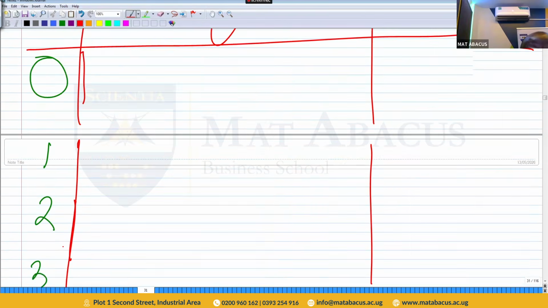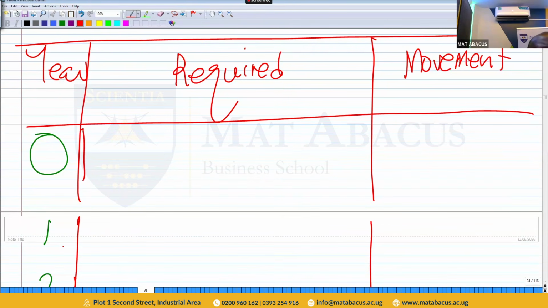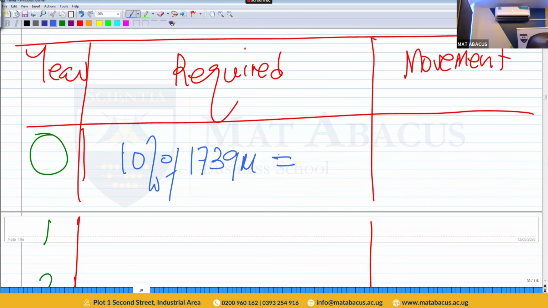The required is as per the English in the question: we are going to get 10% of the initial investment, which is that. The answer remains in the same box, which is 179.